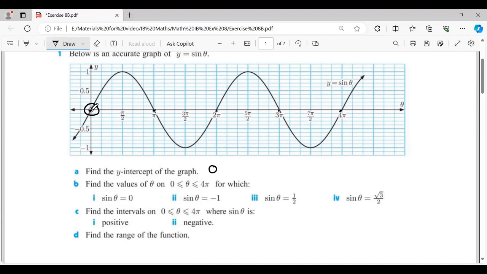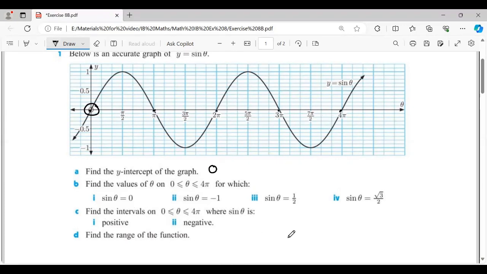Okay, 1, 2, 3, 4, 5 points. So sine theta equals 0 at 0 itself, pi, 2 pi, 3 pi, and 4 pi. So the answer is 0, pi, 2 pi, 3 pi, and 4 pi.